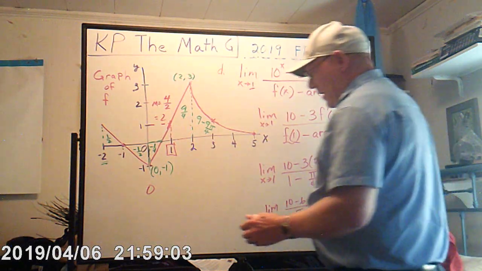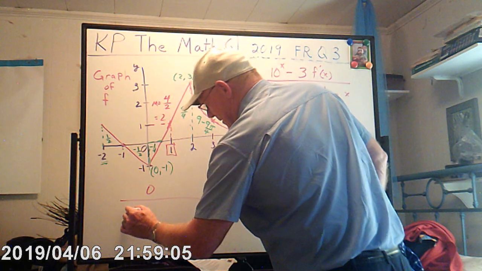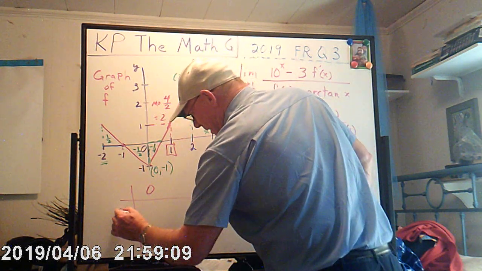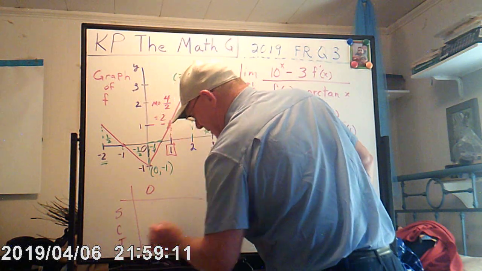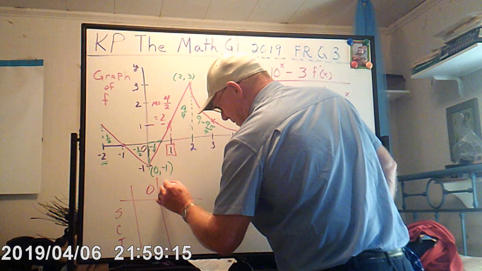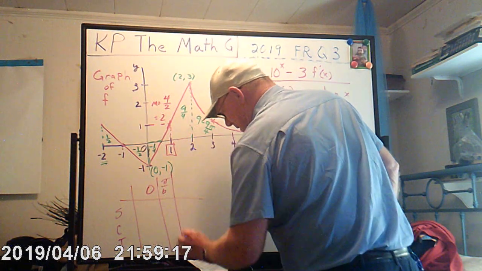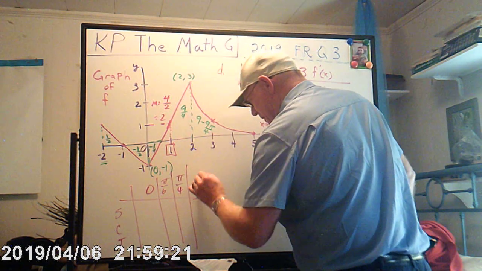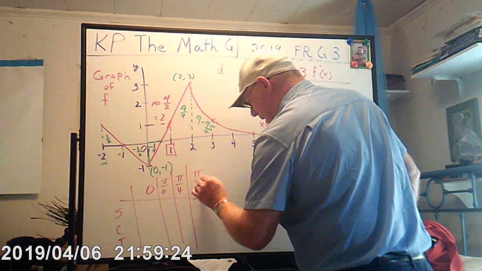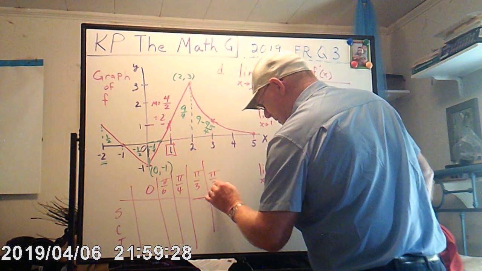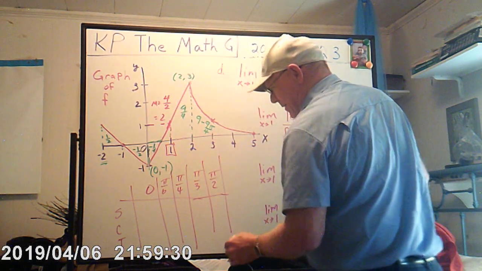Remember we had sine, cosine, and tangent of 0, of 30, which is pi over 6, pi over 4, of pi over 3, and then we had pi over 2, didn't we? And that's all in quadrant 1.